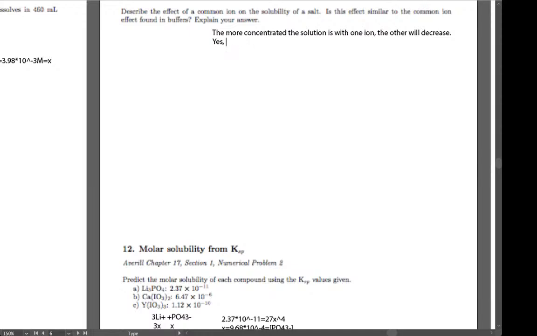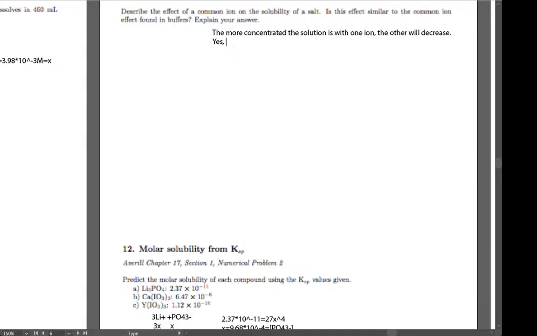According to my logic it should be yes, but I don't know how to actually explain it. Yes, explain your answer. How should I? Let's see here.